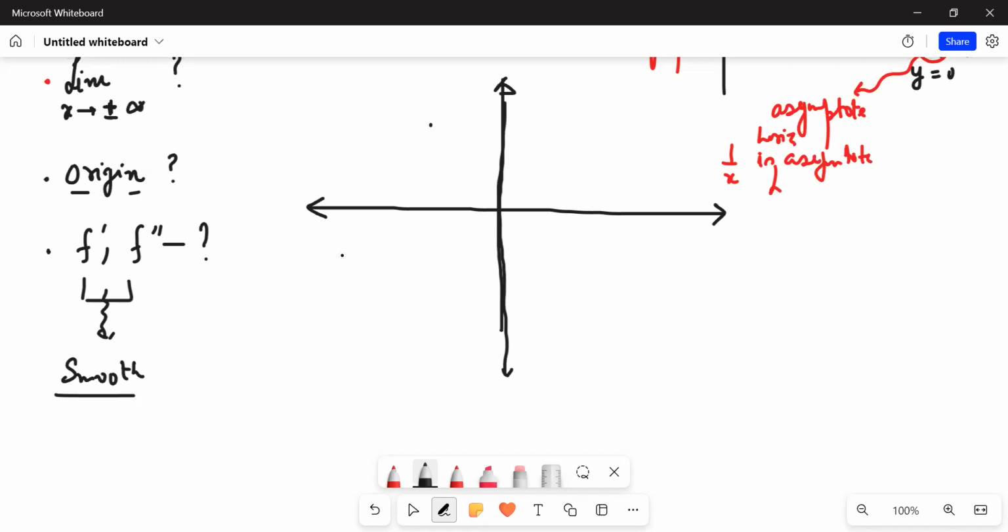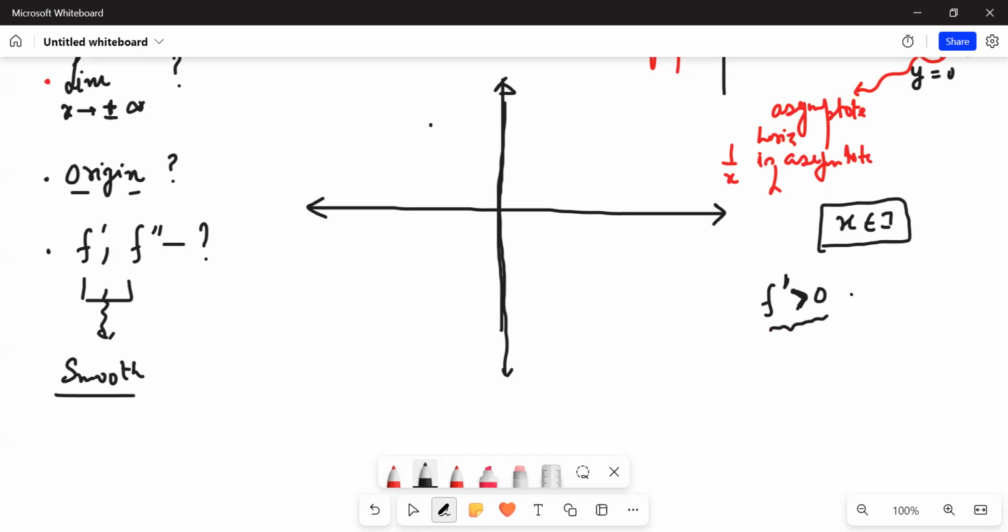Now, the first case is that if my function's derivative is coming positive, let's say for some interval I, it so happens that f dash x is greater than 0. Then what will happen?